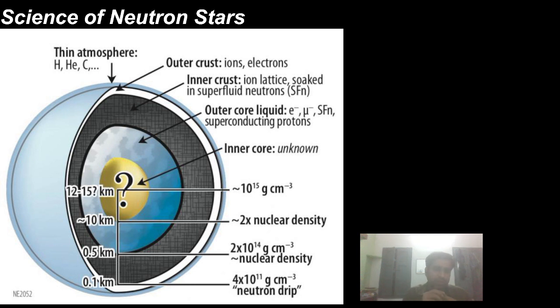But as I told you earlier, it is believed that inside a neutron star core a nuclear matter to quark matter phase transition takes place, and in cores basically quark matter is present.